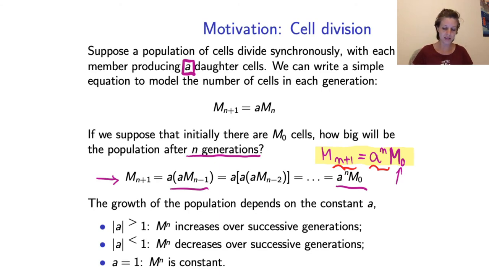If A is less than 1, the population will decrease over successive generations, and if A equals 1, m of n, which is the number of cells at time n, will be constant.